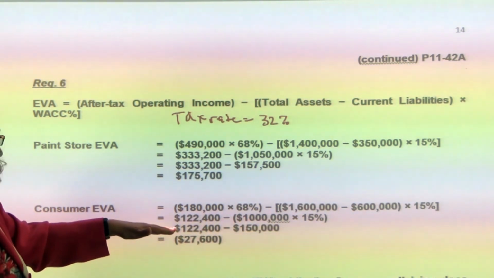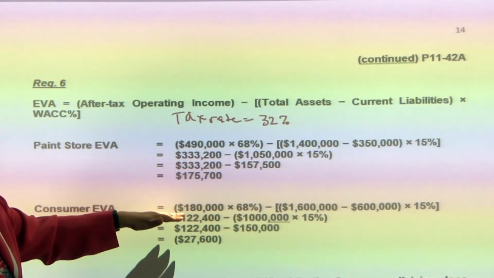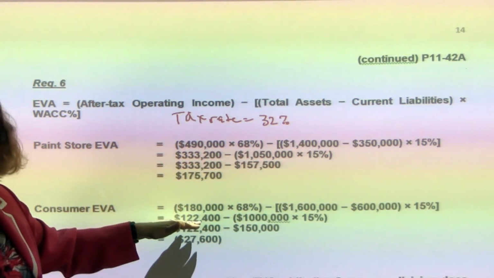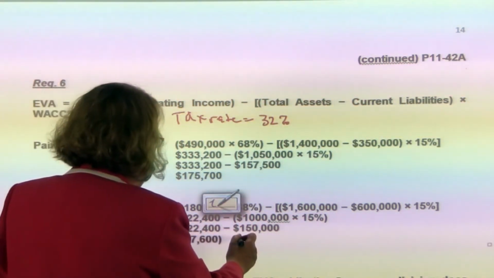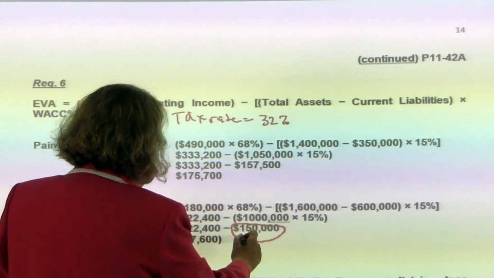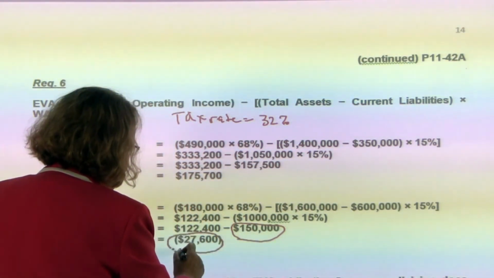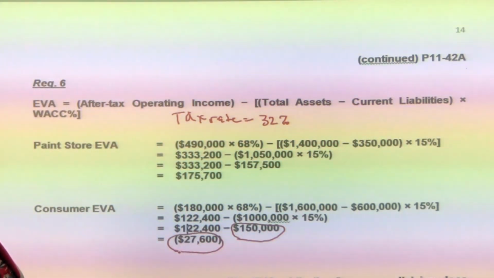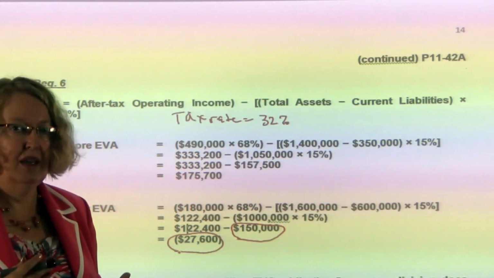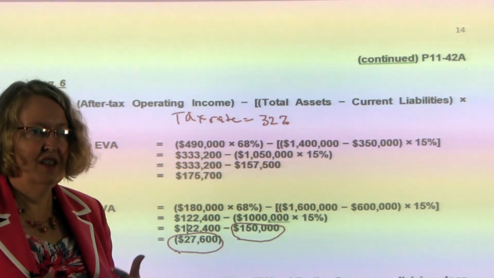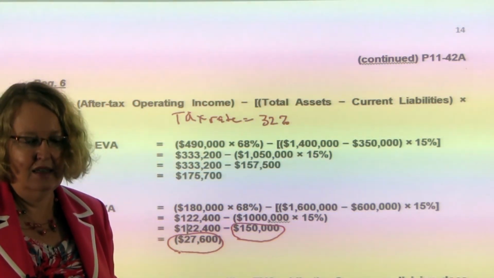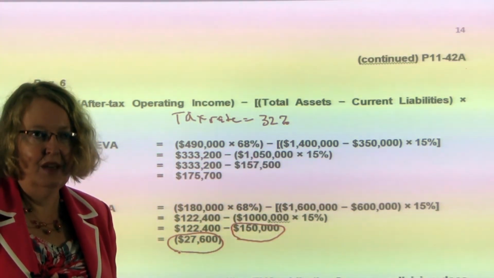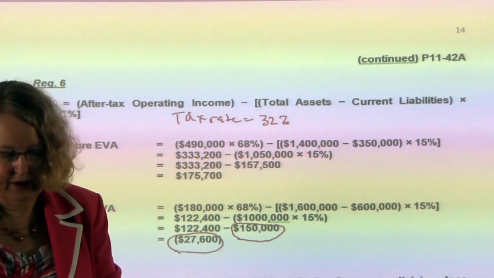Their income is $180,000, and after taxes, it's coming out to be $122,400. The problem is what the company expects to earn is $150,000. So there's a shortfall here of $27,600. So while a company can be making money and making a profit, if it doesn't meet the target that the company wants to achieve, that is not demonstrating economic value added for the company.